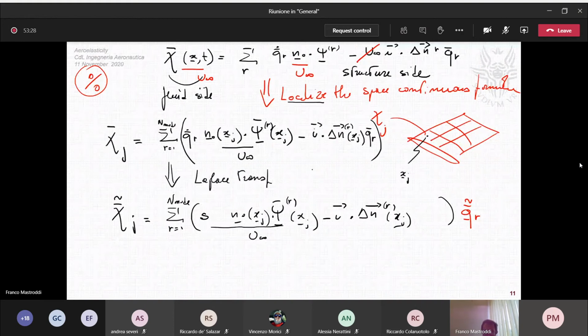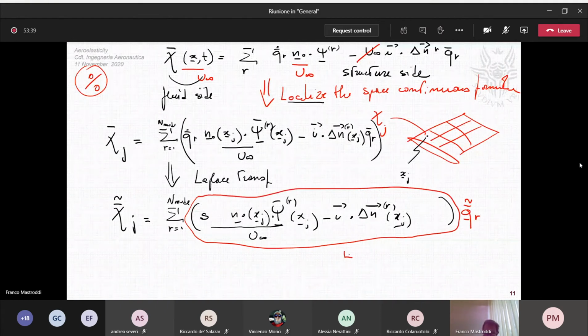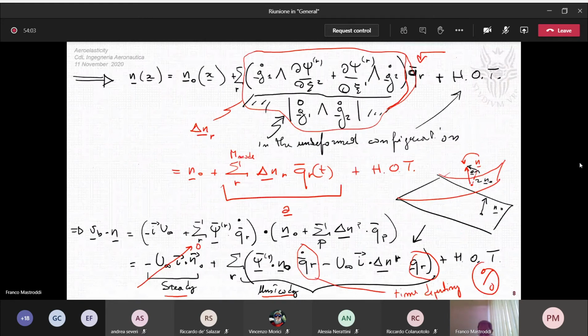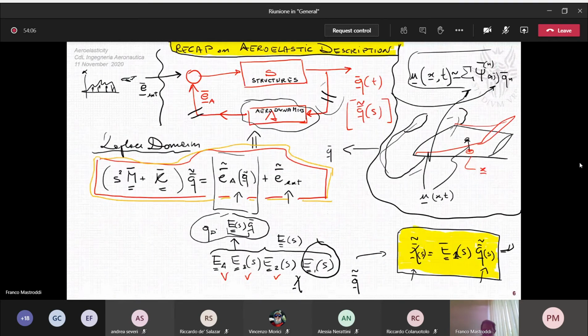We have a unique matrix depending on the index j, the index r, and this matrix is depending on s, and also on U infinity. If you apply this matrix operator to q bar tilde, you obtain k, and this is the boundary condition operator we were looking for here.